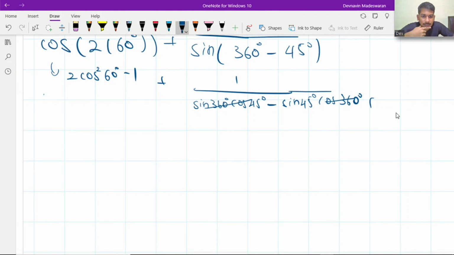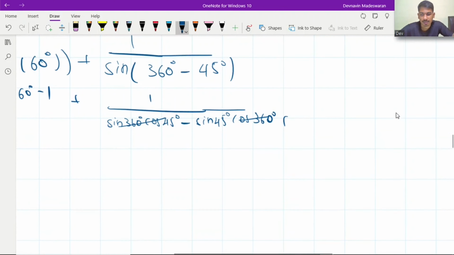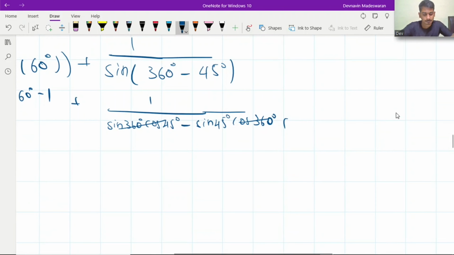It's just negative sine 45. What is sine 45? It's 1 over square root 2. That's sine 45. So 1 over that is going to be square root 2.